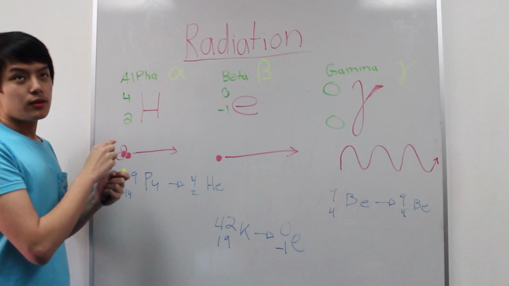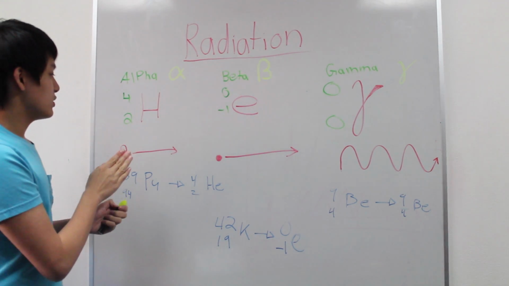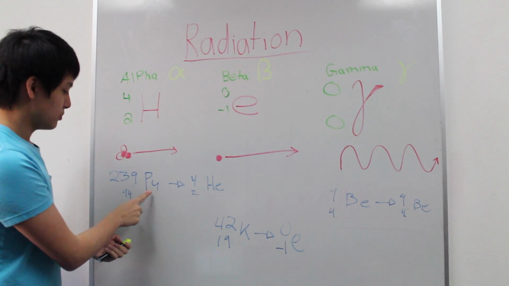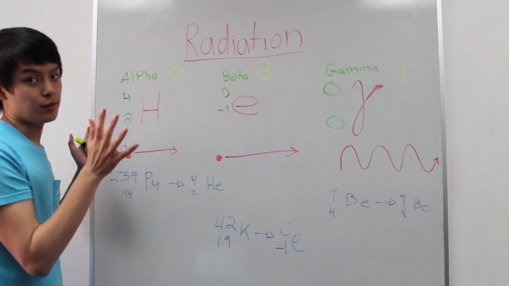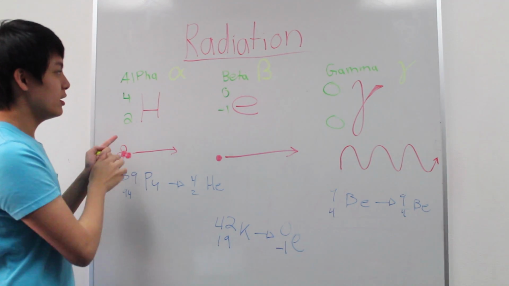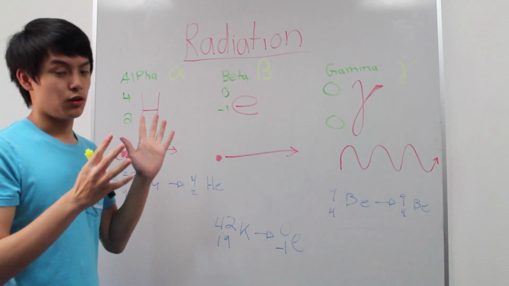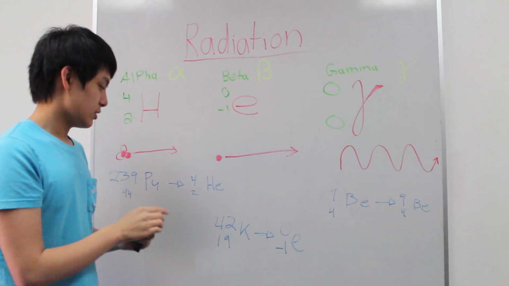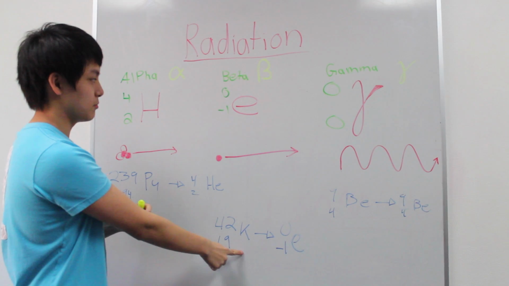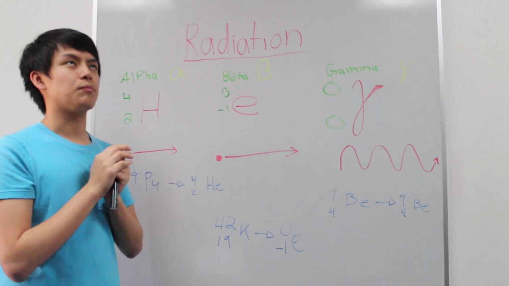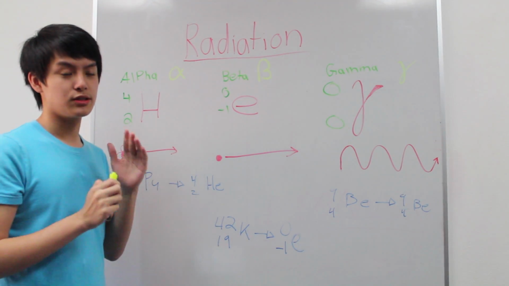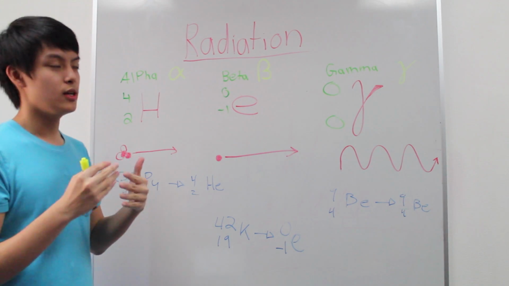Alpha radiation is when an element such as plutonium gives off a helium nucleus, and that is the alpha particle. Beta is an electron. It's when an element such as potassium has one of the neutrons in its nucleus turn into a proton, which emits an electron.